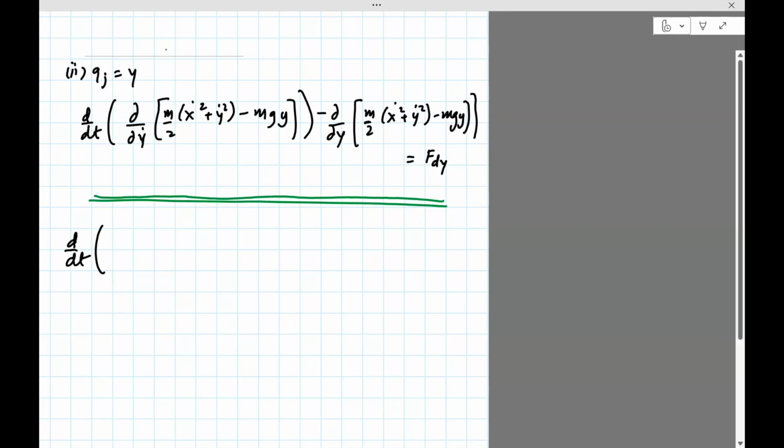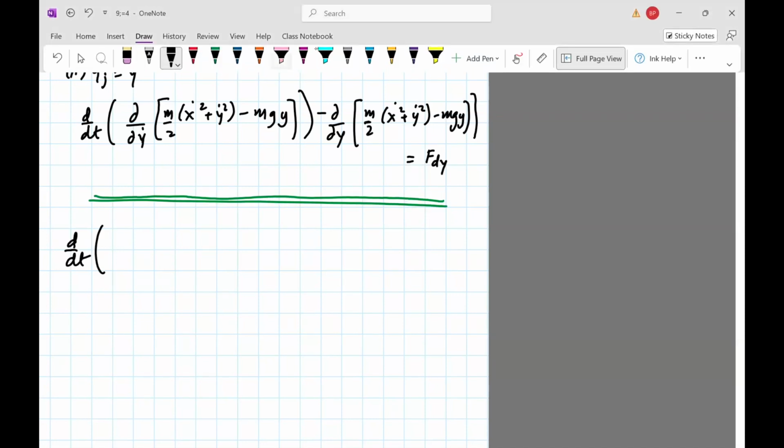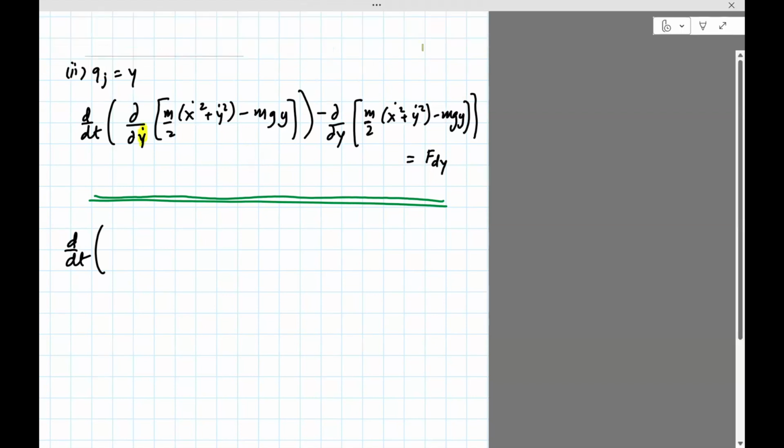Okay, so when I take the derivative with respect to y dot, the only term which will stay is the one which has y dot squared. And then when I take the derivative with respect to y of the whole thing, the only thing which will stay is probably this one, right? Because it has y. Other things are independent.